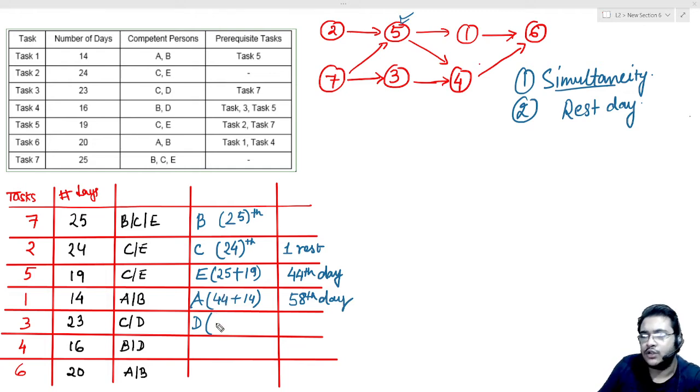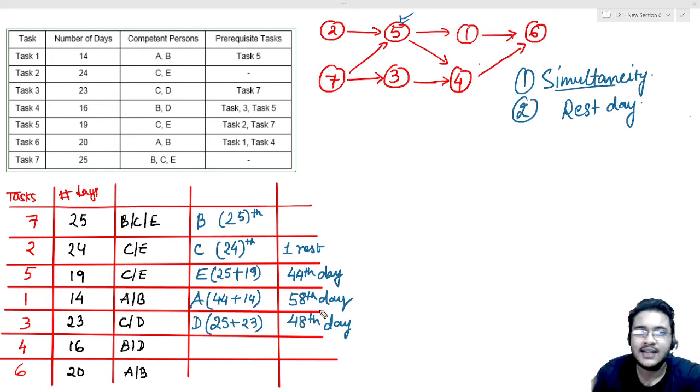So 25 plus 23 will add up to the 48th day. Basically, what I mean by the 48th day is the day on which the task will get completed for 3. So 3 will be this.